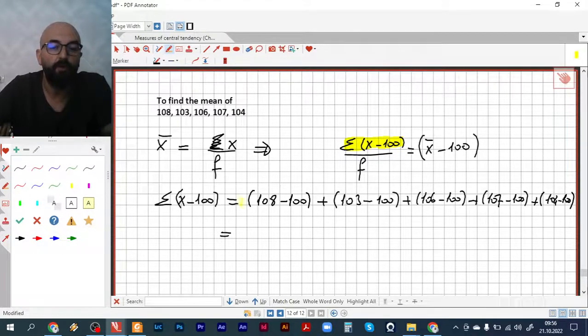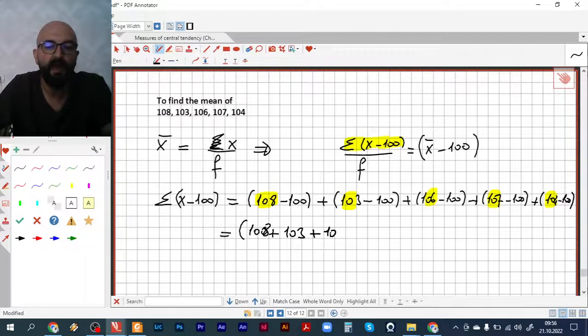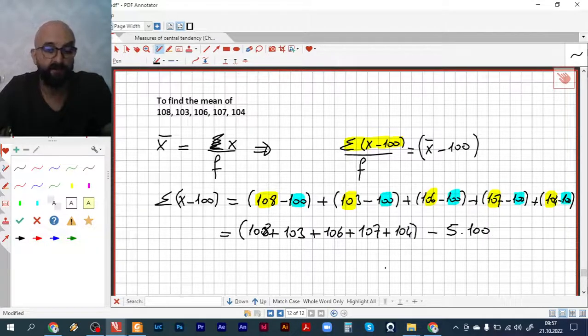We have these data, and I want to show the same bracket, 108 plus 103 plus 106 plus 107 plus 104, and we have 5 times 100. 1, 2, 3, 4, 5. So minus 5 times 100, that is 500.